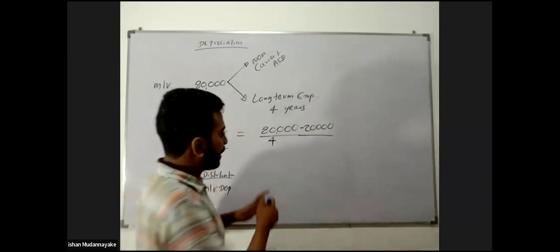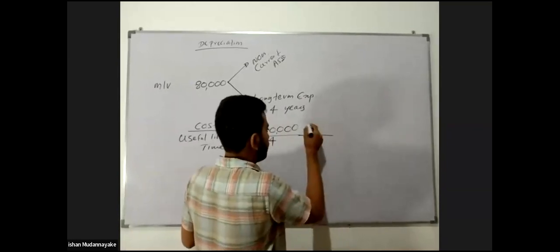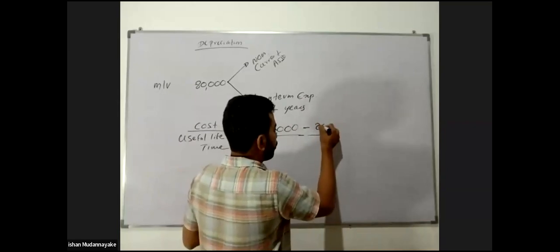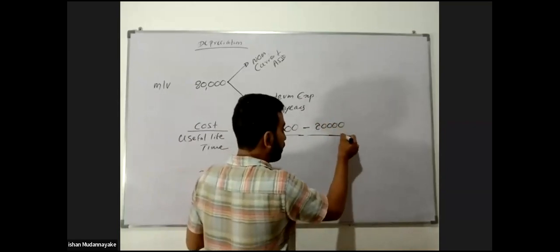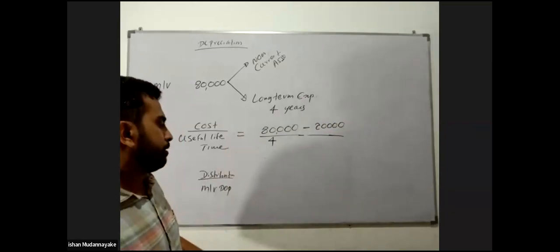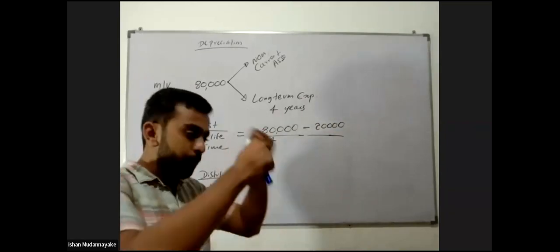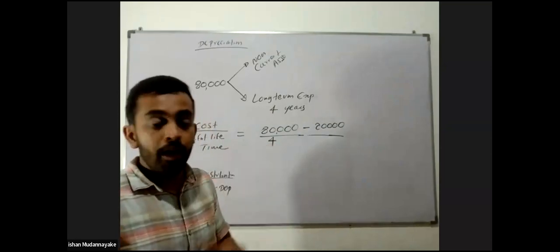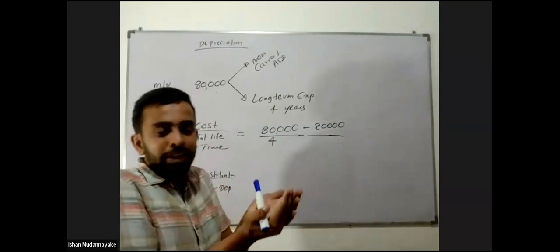Today, Emira's total expense is 80,000. But after 4 years, Emira can recover 20,000 from this motor vehicle by selling it.